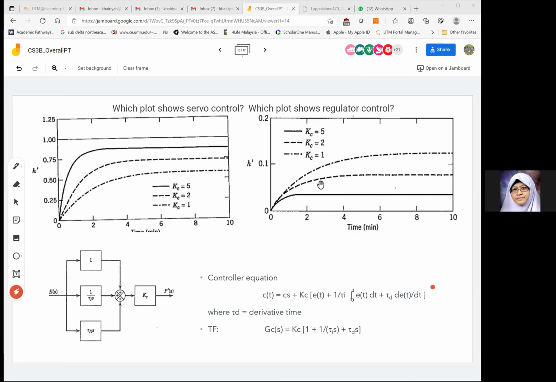Now, which one is servo, which one is regulator? This is P control. So you have to remember P control will have offset.